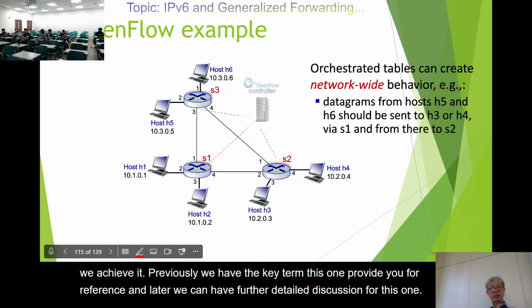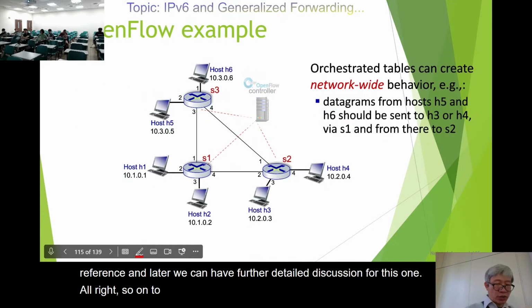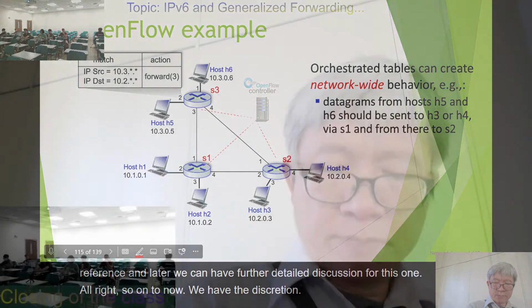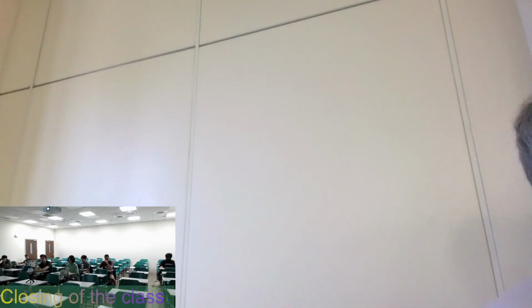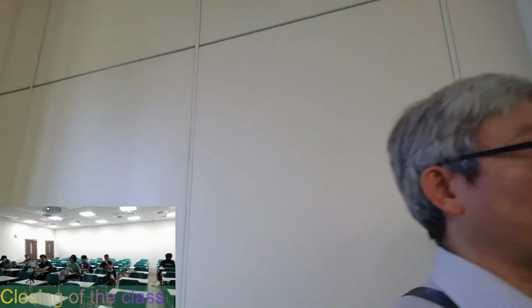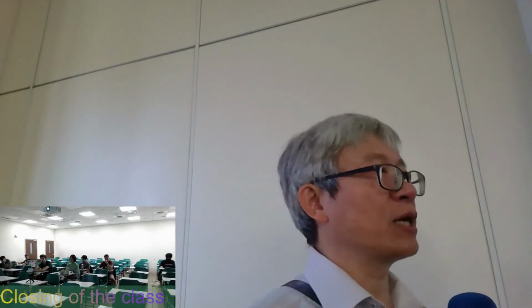All right, so up to now, we have the initial description of IPv6, the reason why IPv6, and we want coexistence with IPv4, so we have a tunnel. And after that, we have the description of generalized forwarding. And later we will continue. So this is the discussion for the class. Any questions? If no, take a rest.